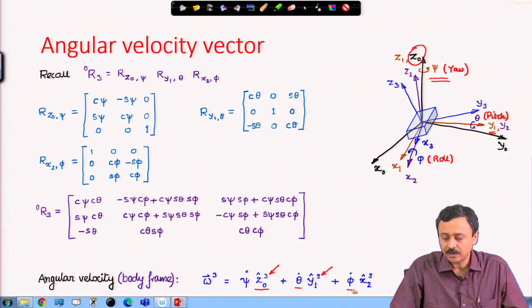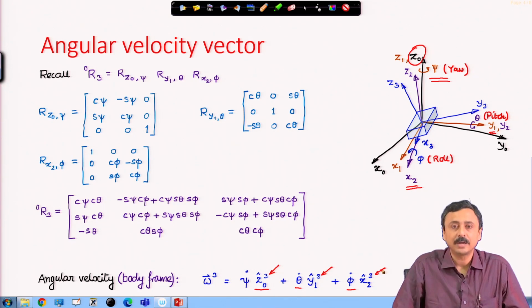Similarly, the roll rate, phi dot, which is about x 2, but we have to now represent that x 2 cap vector in x 3 y 3 z 3. Then, by superposing, or vectorially adding, these three individual component vectors, we will get the angular velocity in the body fixed frame x 3 y 3 z 3.